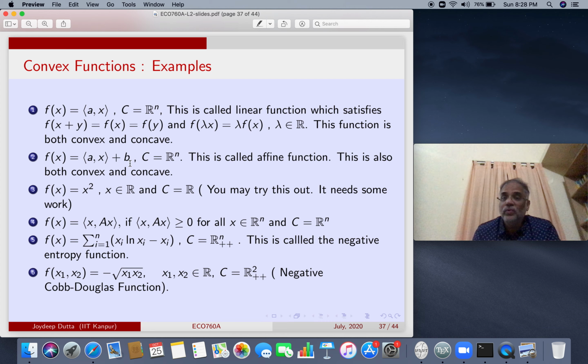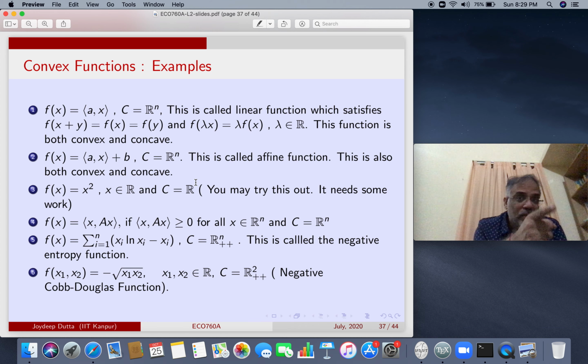The function x square, where x is in the real line, and C means the convex set on which you define it, is R. Here the convex set is Rn of course, for linear and affine, the domain. So you try this out to prove from first principles, that is the definition, f of lambda y plus 1 minus lambda x is less than or equal to lambda f of y plus 1 minus lambda f of x.